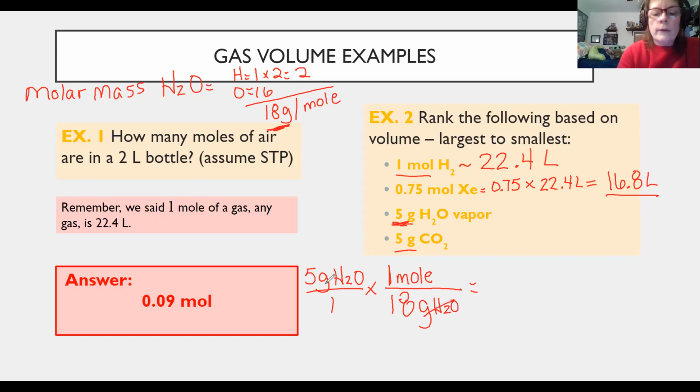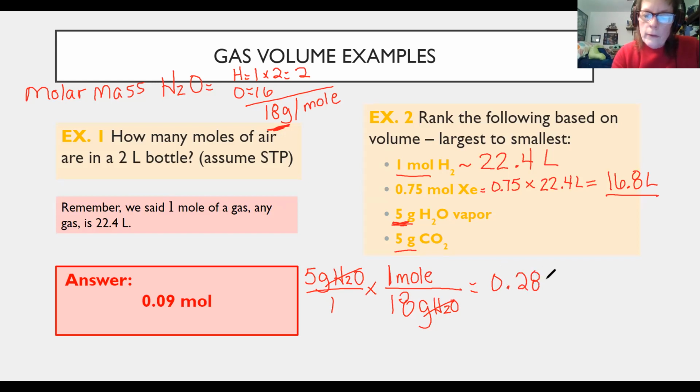All right, so that cancels out. You get 5 times 1 is 5, and then you have 18 on the bottom, so 5 divided by 18, you should end up with 0.28 moles. What am I doing? I'm skipping a step. Put that in a calculator, and you get 0.28 moles.